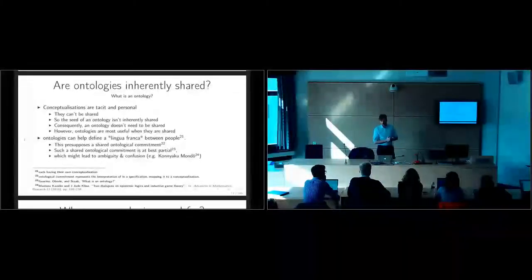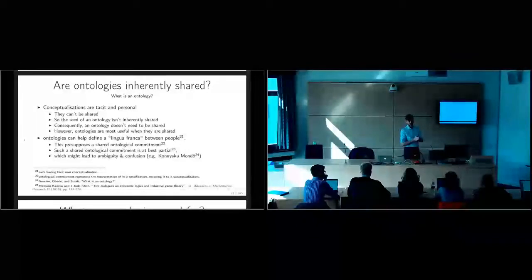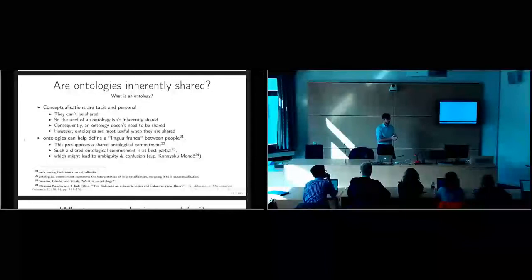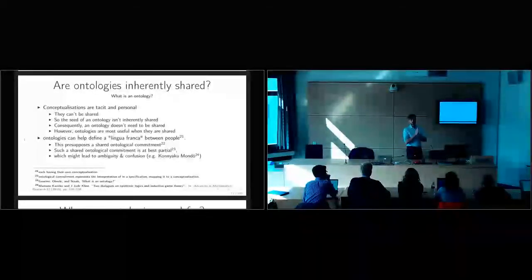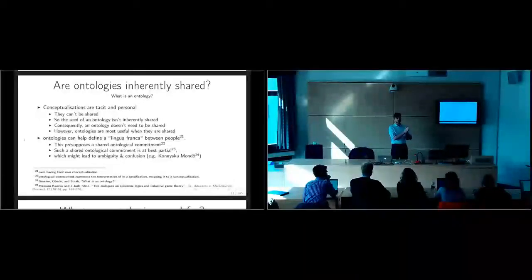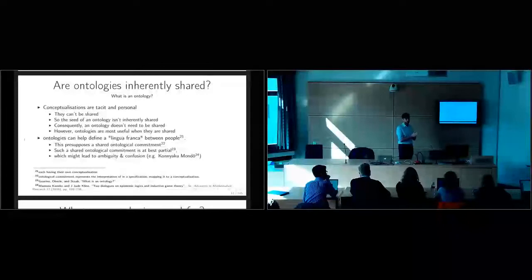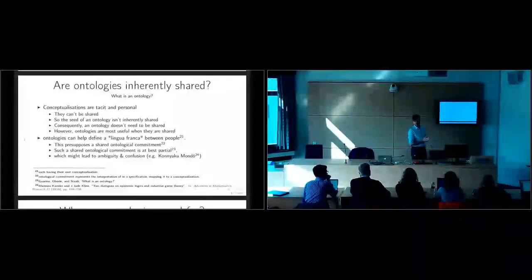But you have to be careful with this concept, because it's not because you have an ontology that you have a shared understanding. So having words with a single definition doesn't necessarily mean that we all understand the same words the same way. This understanding is called ontological commitment.